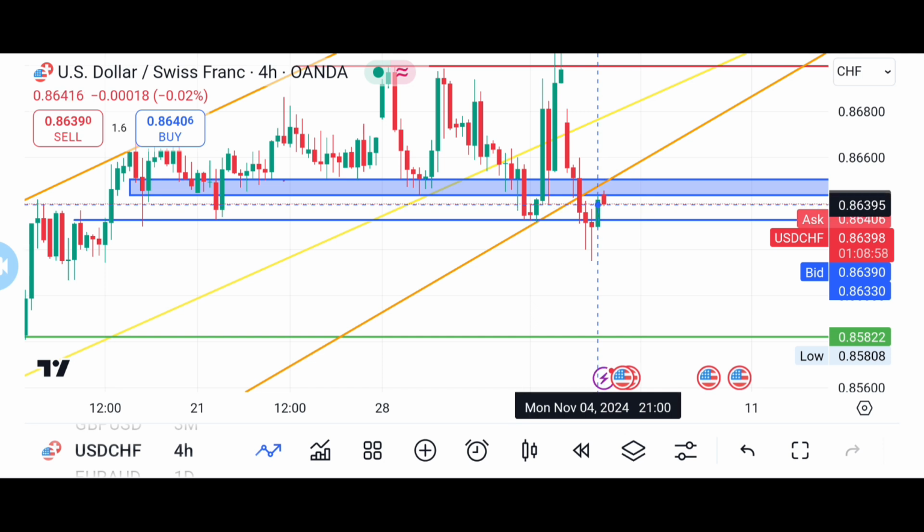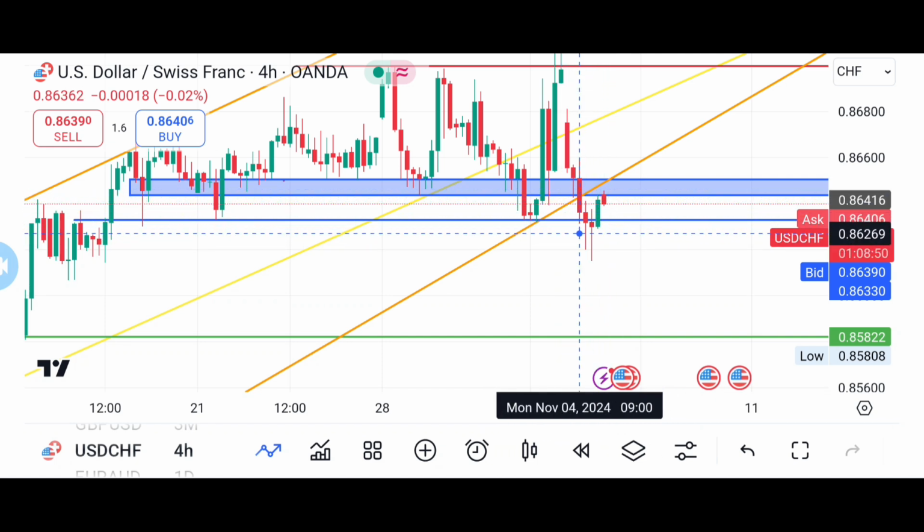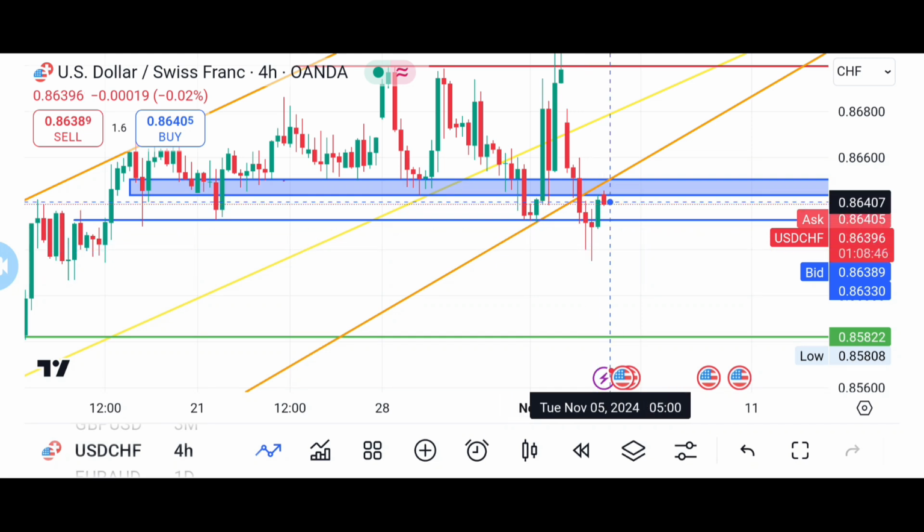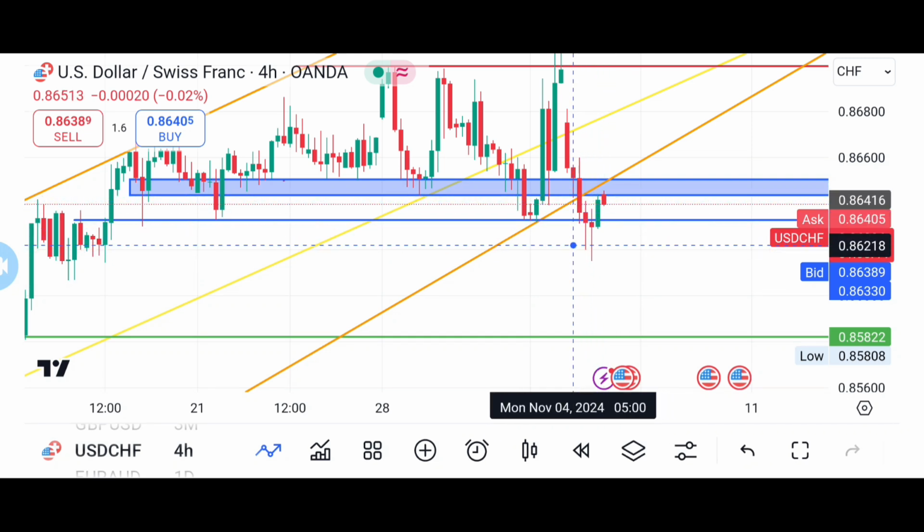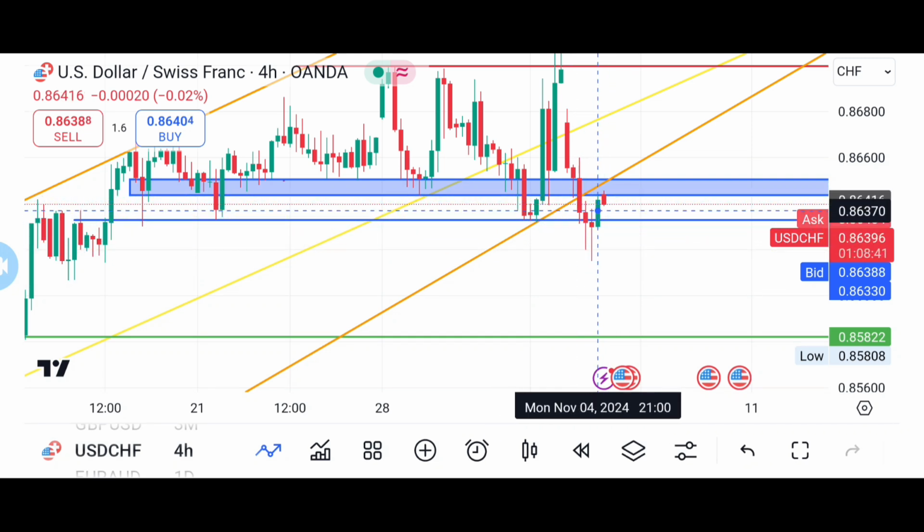Now, I'm seeing a possibility that the whole of this market is a fake out. So what is the way forward? The way forward is, if the market retraces back there, are we together? That is possibility number one.